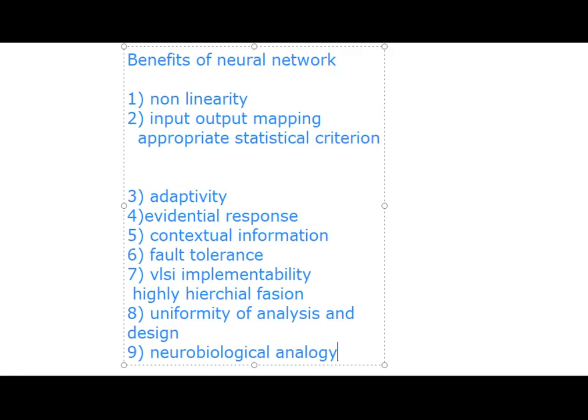The word is neuro, derived from the word neurons. Then you recall what we learned in our school days: how this neuron works, how this neural signal can connect. This analogy makes it quite easier for you to learn and analyze the subject properly.